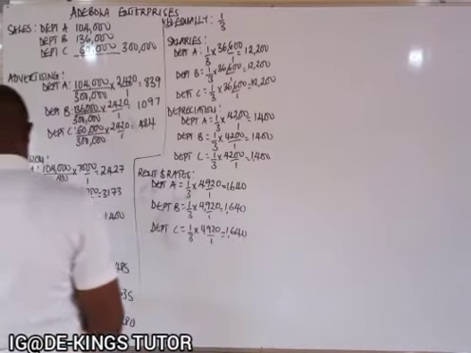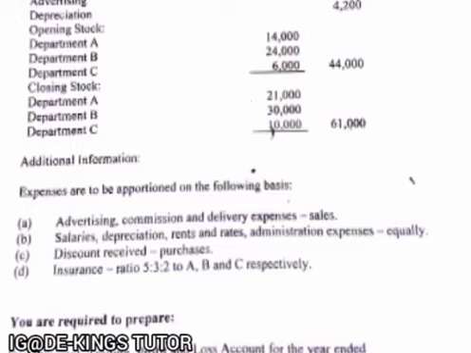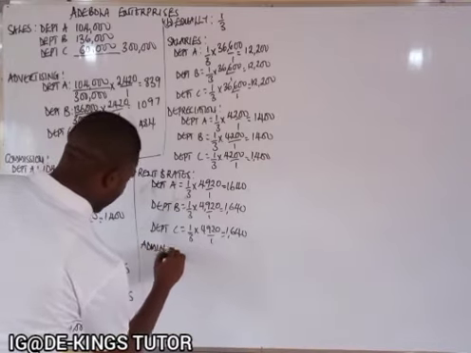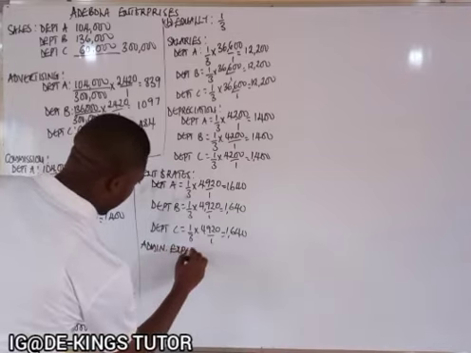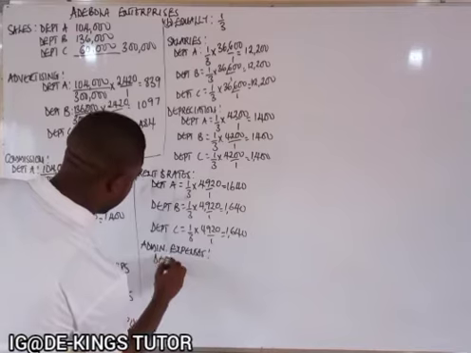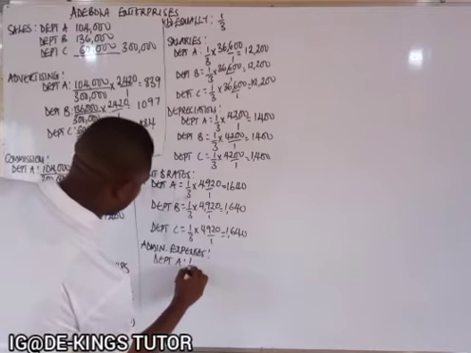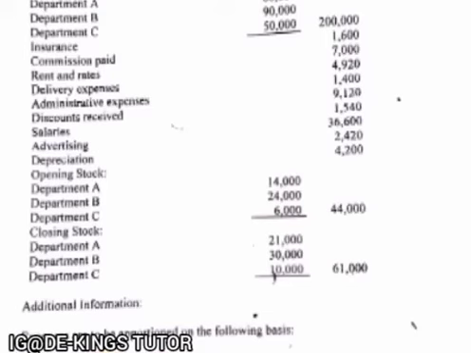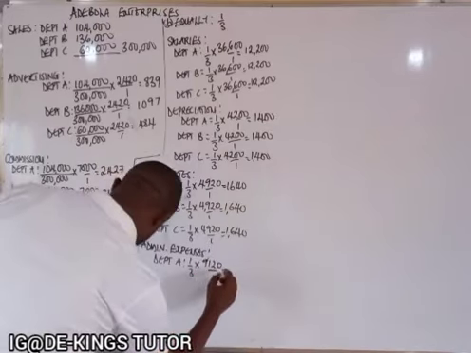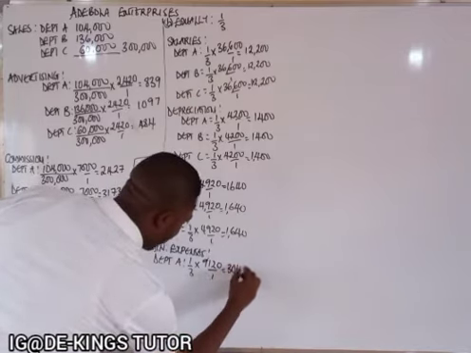While the next one is administration expenses. So we have admin expenses. For Department A, same equally, 1/3 times the amount for admin expenses, which is 9,120. So that will give us 3,040.